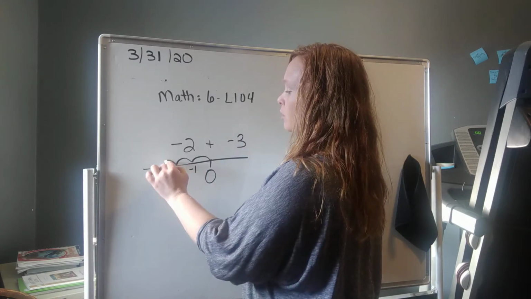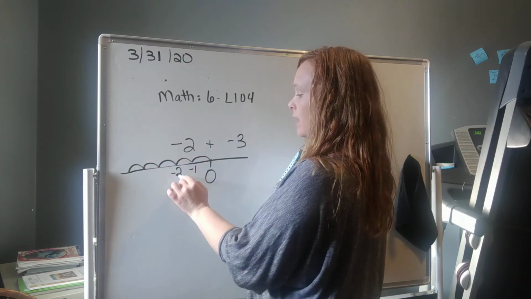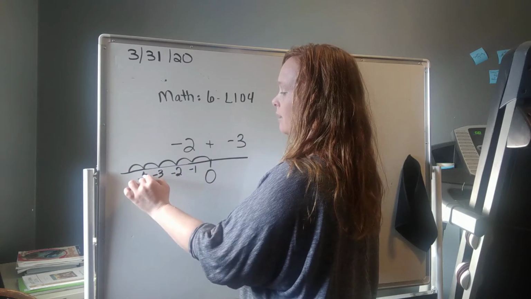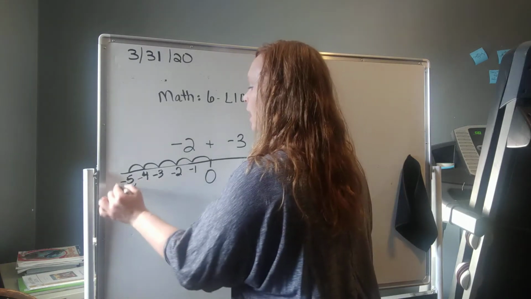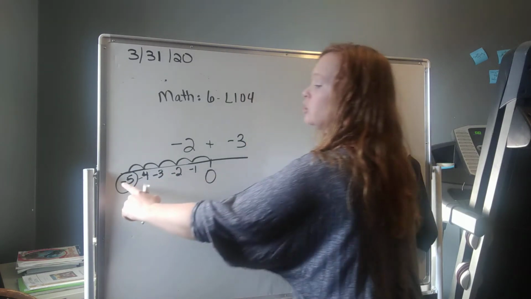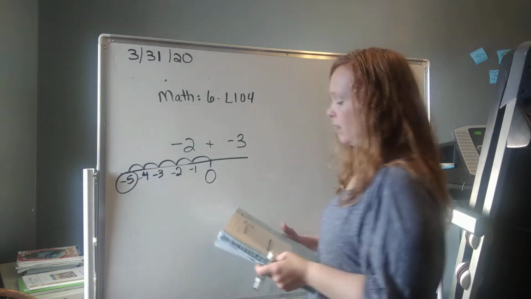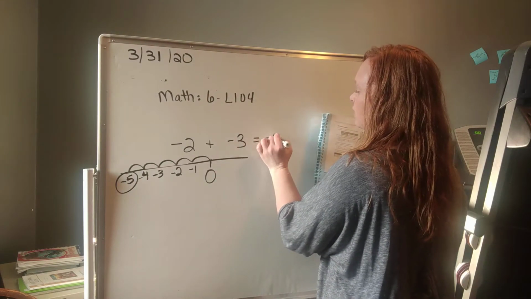Then she lost 3 more, so let's make 3 more jumps. 1, 2, 3. So from -2, what would come here? -3, -4, -5. How many pounds did she lose? She lost 5 pounds. So -2 plus -3 equals -5.